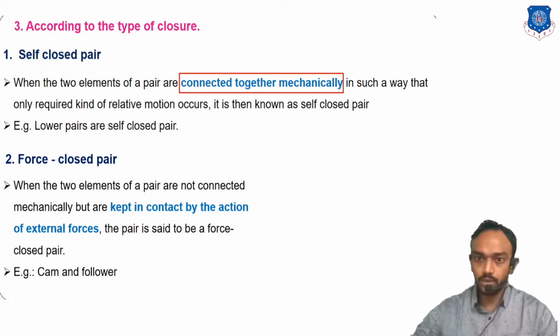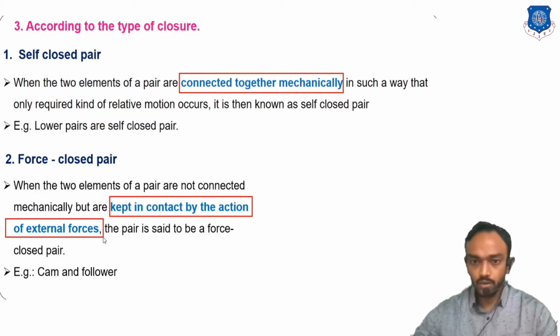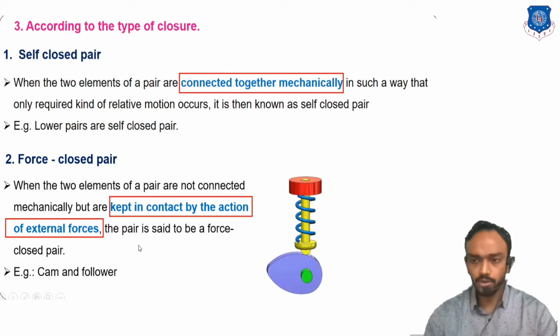When two elements of a pair are not connected mechanically, they are kept in contact by the action of an external force. Then it is called a force-closed pair. An example of that is a cam and follower. In a cam and follower, there is a possibility that the follower moves in the upward direction and contact between cam and follower will be lost. So that will be eliminated by applying a spring force.